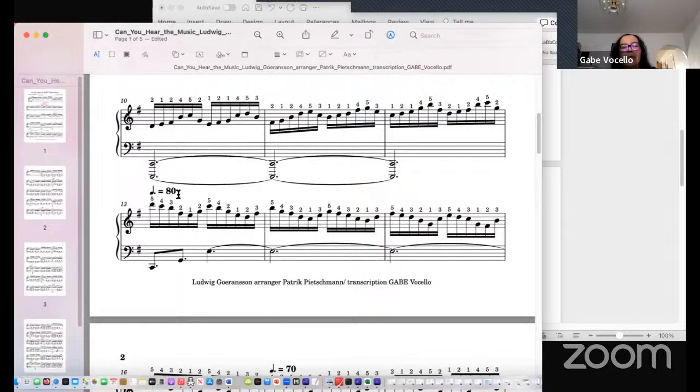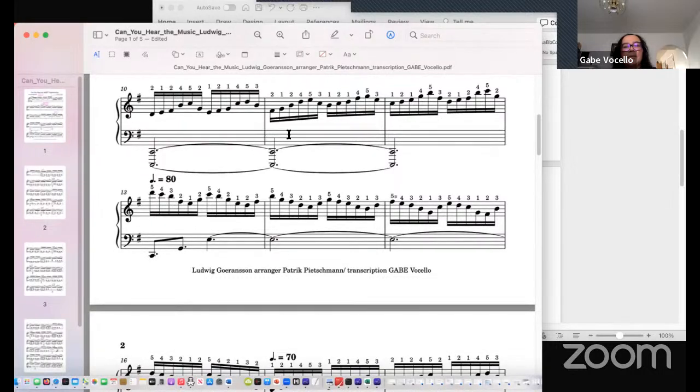Okay, so now how to calculate that? One more time. To know the duration of the beat, I have 6 divided by 8, that is equal to 0.75 per beat.